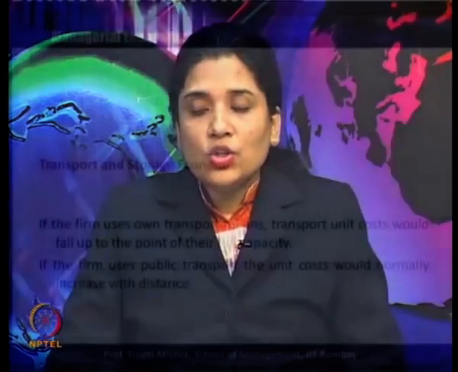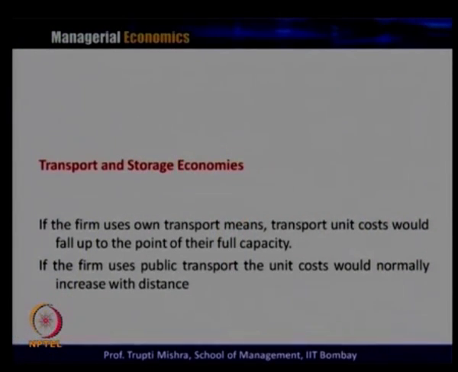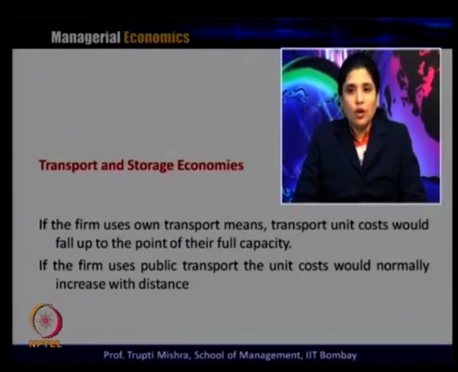Similarly, when it comes to transport, if the firm uses its own transport, the transport unit cost would fall up to the point of its full capacity, because it is their own transport. If the firm uses public transport, the unit cost would normally increase with the distance.